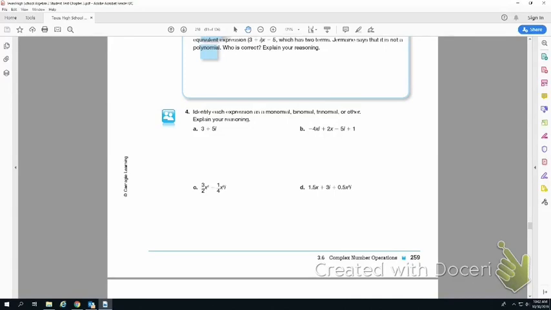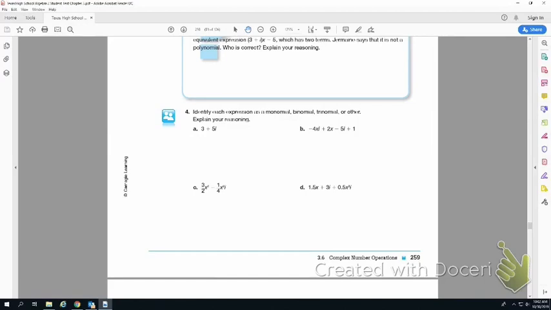Okay, so i, which is a number, not a variable, so that rule plays into this. All right. So 3 is obviously a number. 5i, is that a number or does that have a variable on it? It's a number.